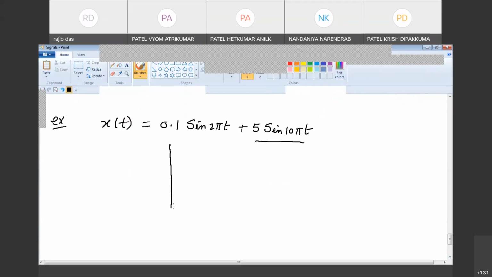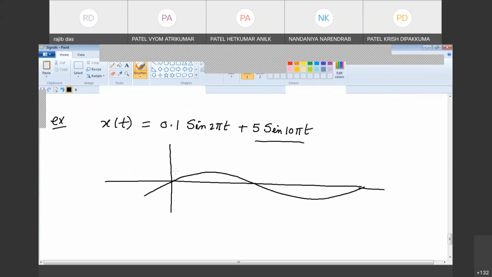Suppose I draw this one. The amplitude is 0.1, so this side is minus 0.1. This is for your 0.1 sine 2 pi t.